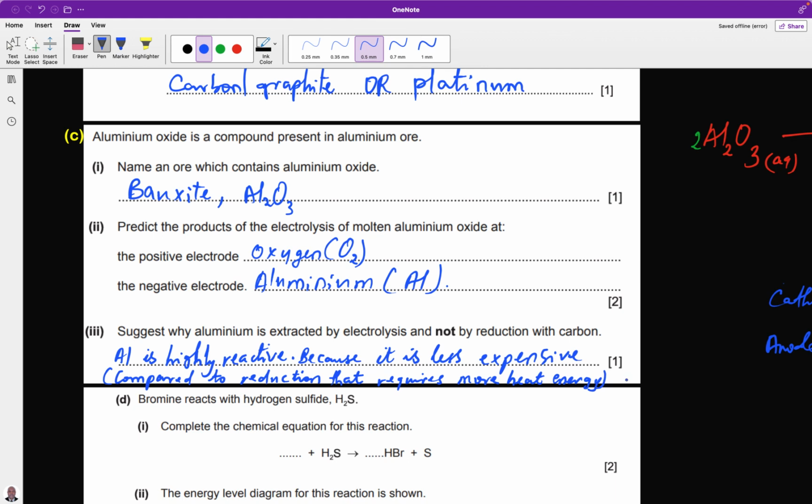So, suggest why aluminum is extracted by electrolysis.